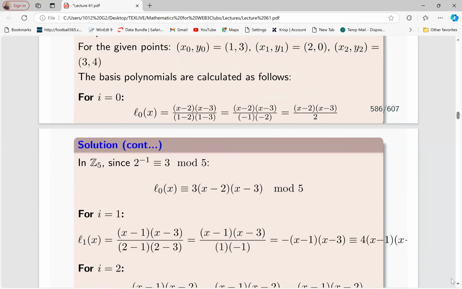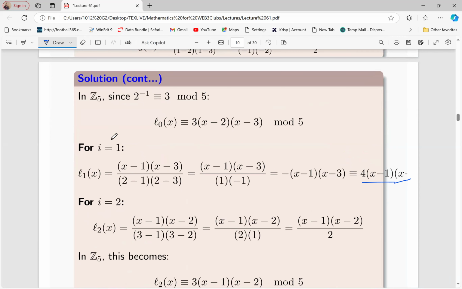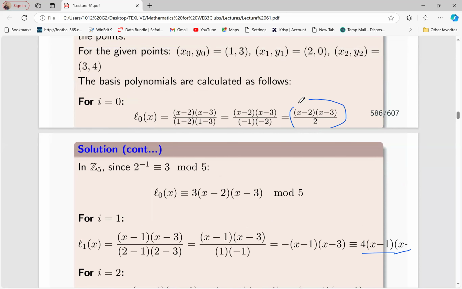When I was doing it, what did I get? Something went outside the page there, but I did not simplify to the end. Oh no, it's not this. It is the L naught of x that is this.